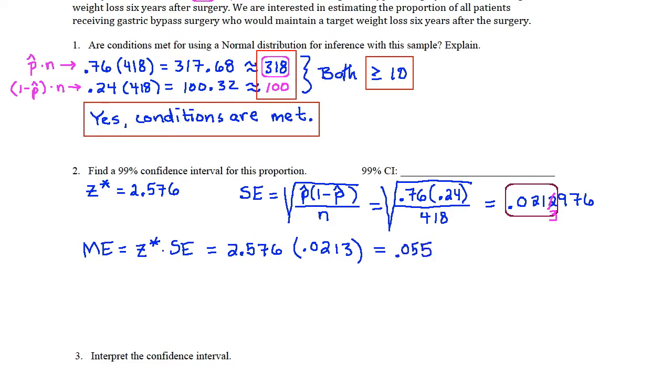Again, remembering that the number of digits to take this margin of error to is often either to match the number of digits of your sample statistic or take it 1 decimal place farther.